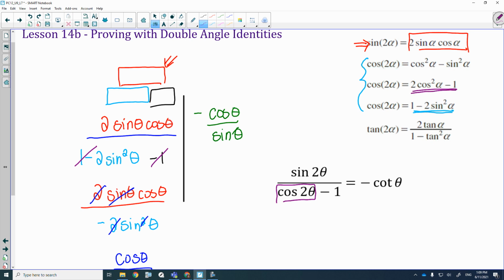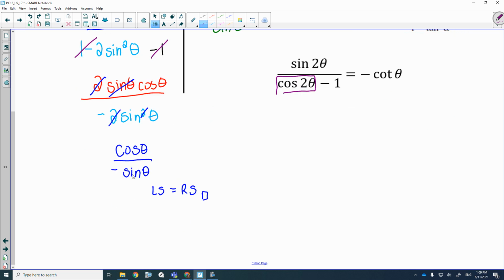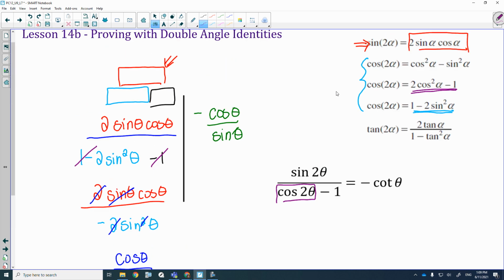And what you will see is that you will get to the exact same answer as this. And then you could do it a third time if you want, right? You could replace the double angle for cos then with this last one. And again, you will get to the exact same answer. You will just be manipulating and changing out different forms.